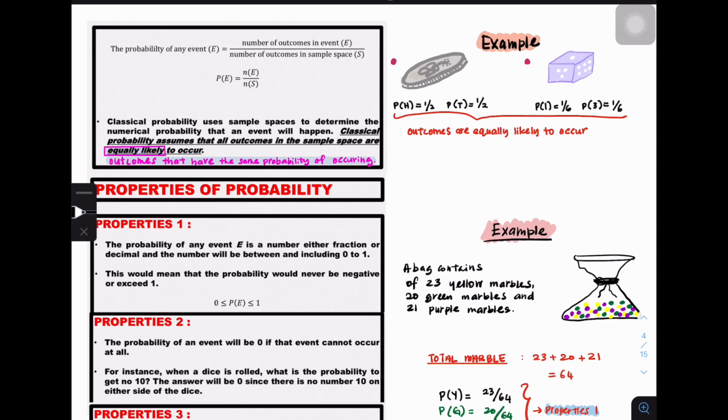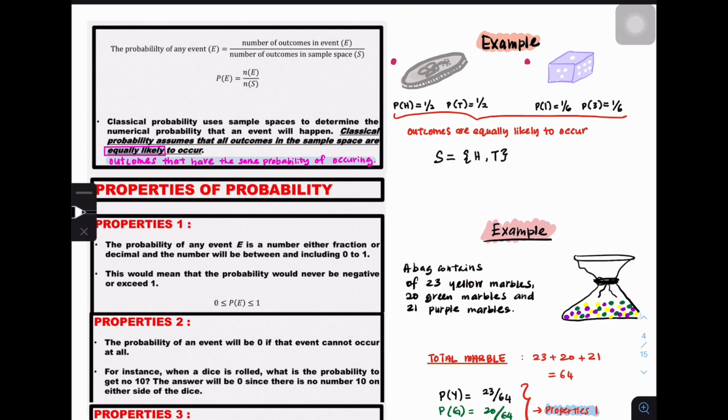Sebelum ni kita dah tengok apa dia sample space. Sample space tu adalah a set of all possible outcomes. Kita panggil dia sebagai sample space. Dan event ini adalah apa yang berlaku. Contoh, kalau kita tossing a coin, okay, apa possible outcome yang kita akan dapat? Sample space kita, the possible outcome will be head ataupun tail.